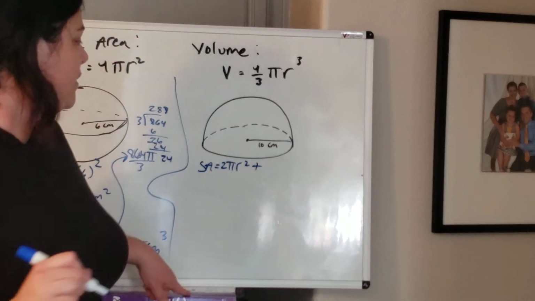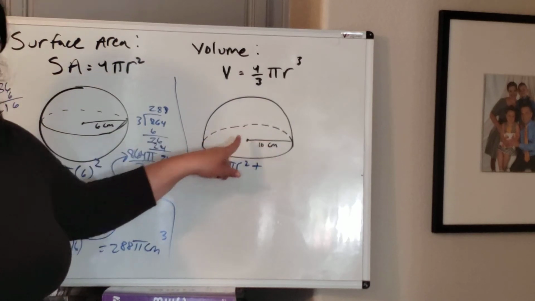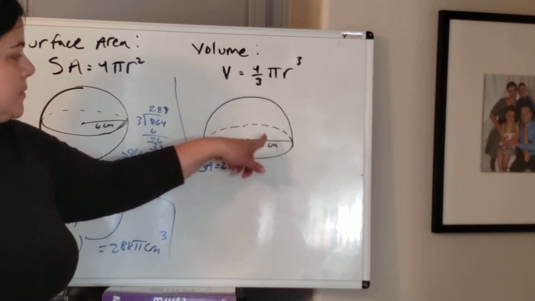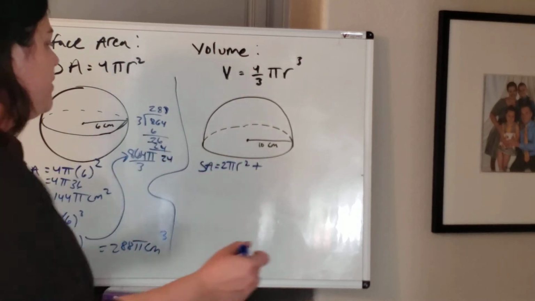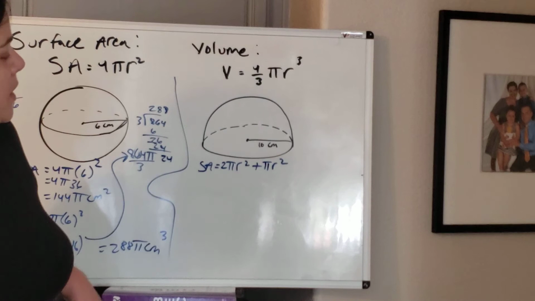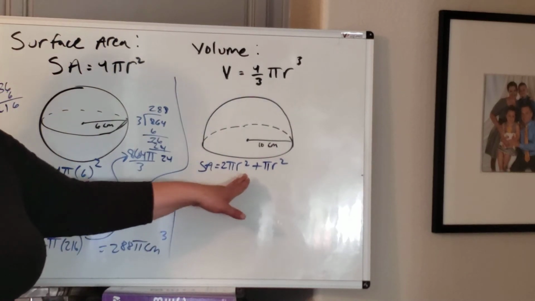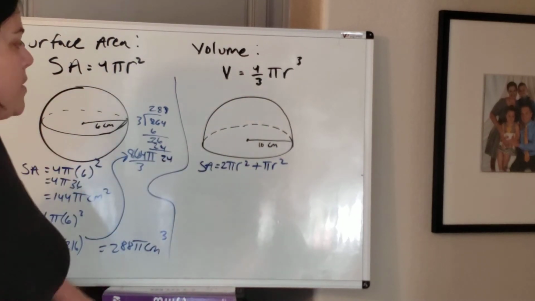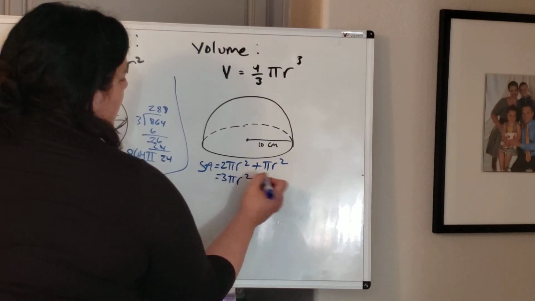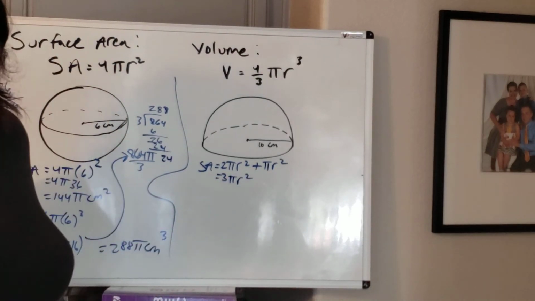plus 1 pi r squared, which is going to be the circle underneath. Okay? So looking at this, I've got 2 pi r squared plus 1 pi r squared. This is going to give me 3 pi r squared.